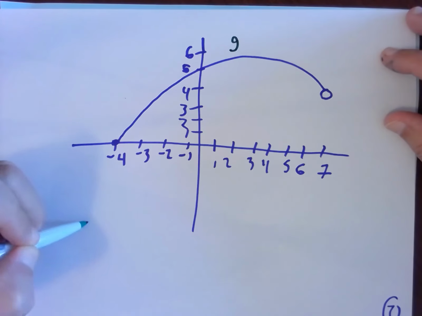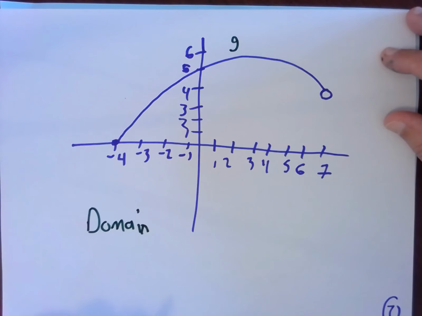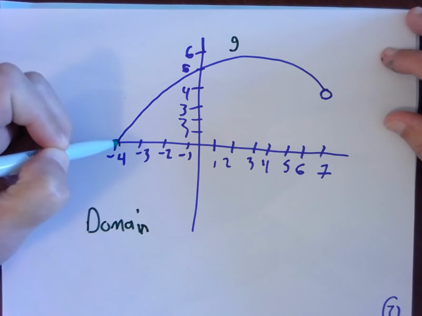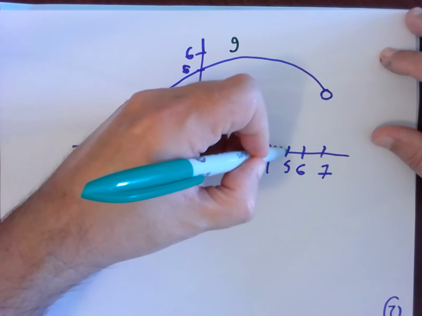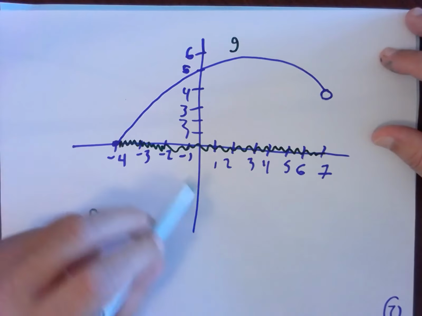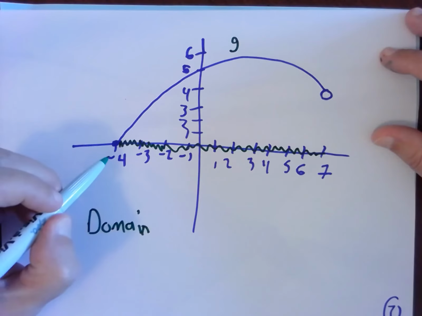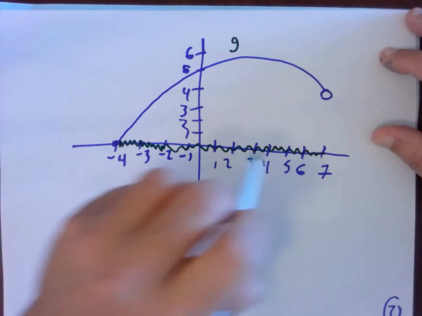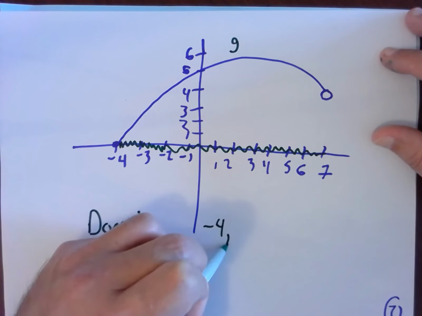So the domain is the list of all the x values. We're looking horizontally here. I'm using all of these x values. Domain is x values. Range will be y values. When we're talking about intervals, we always go smaller to larger. The smallest x value I use is -4.